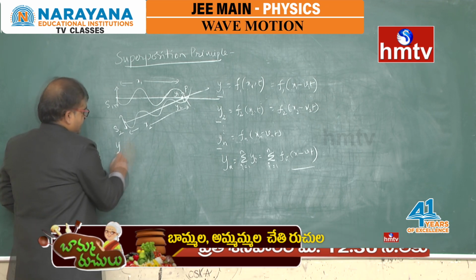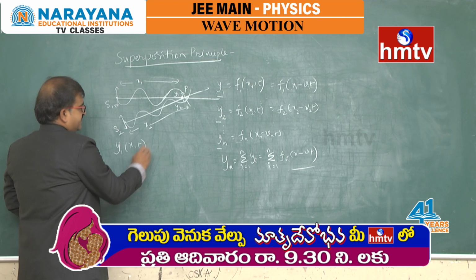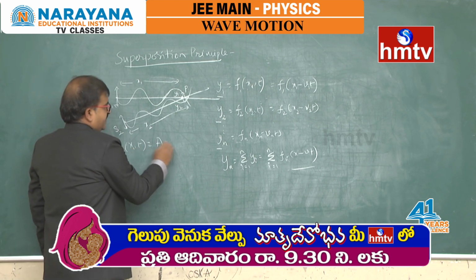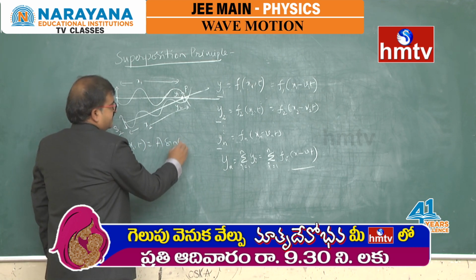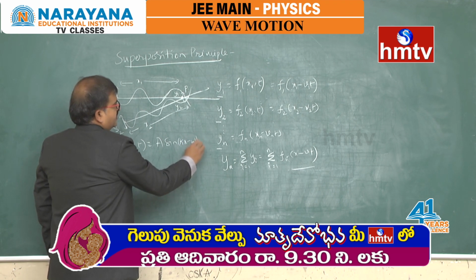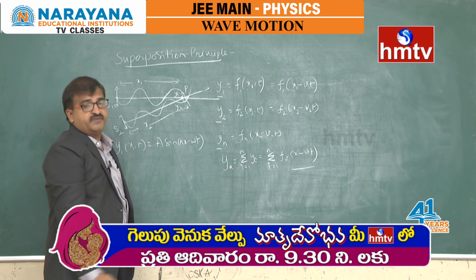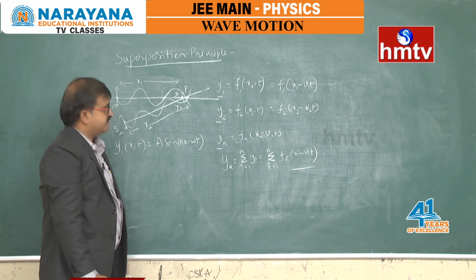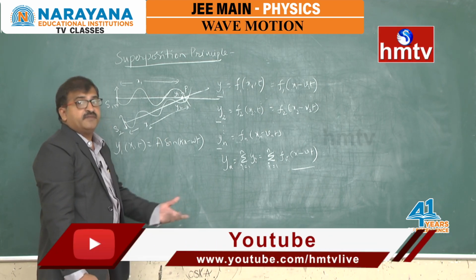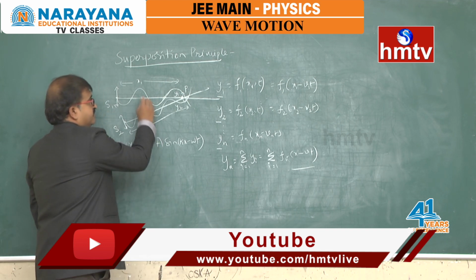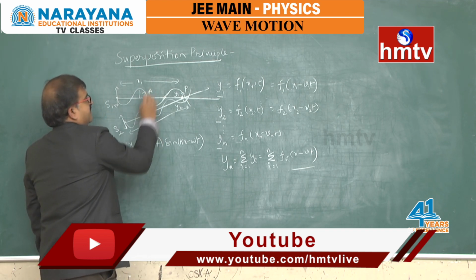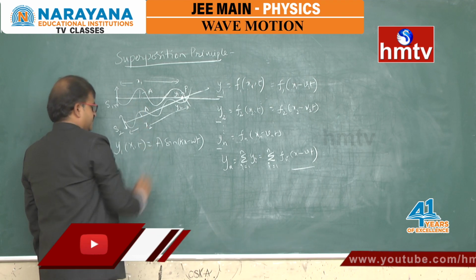Let us take y1 of x1, t equal to a sine of kx minus omega t. Here we can take different amplitudes or the same amplitudes. Just for simplification, I am taking both with the same amplitude a from their mean position.